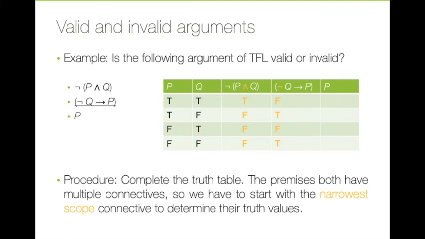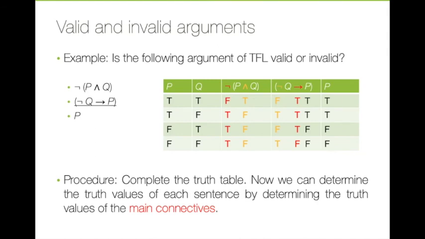And for the negation in premise 2, we just look at the column for Q. Now there's only one other connective in each of those sentences, so we can determine the truth values of those sentences by determining the truth value under the main connective, the one we hadn't addressed yet, here color-coded in red. The truth values of these main connectives depend on the truth values of the connectives in orange that took narrower scope.